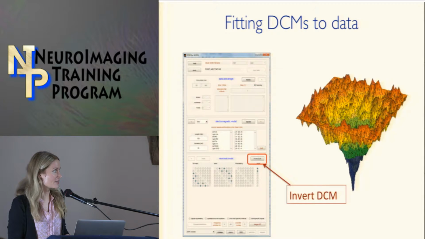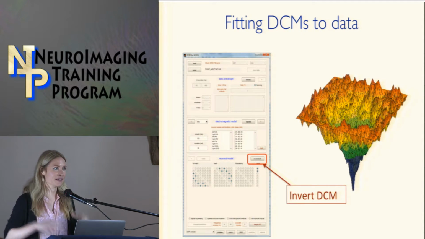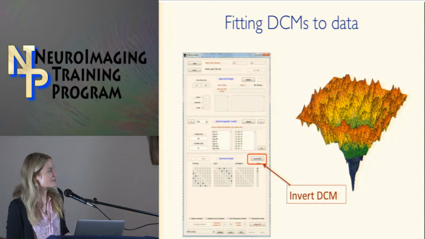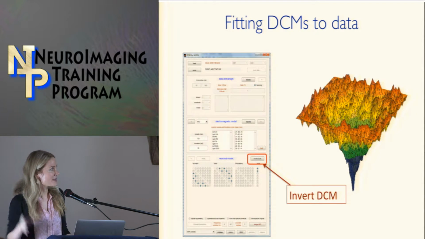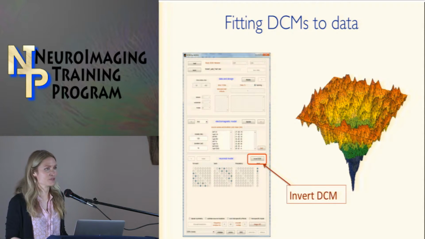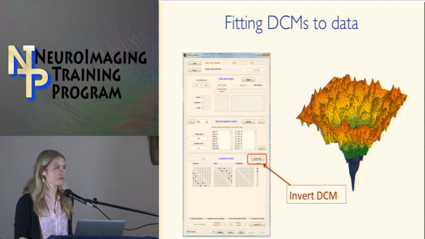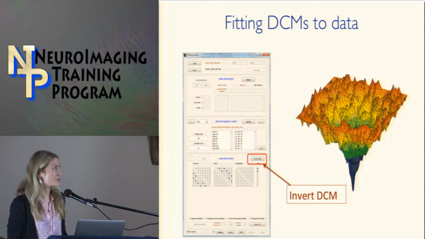And so this graph here is just showing you an idea of, I guess, a three-dimensional parameter space, and you're trying to find a minimum, something that minimizes the difference between your model prediction and the measurement, so you would try and find a trough, or a sink, in the parameter space.